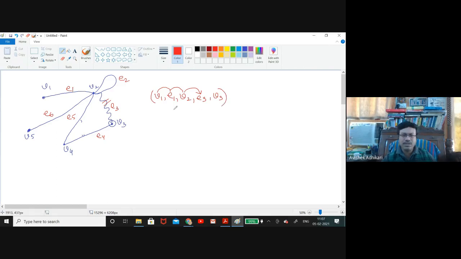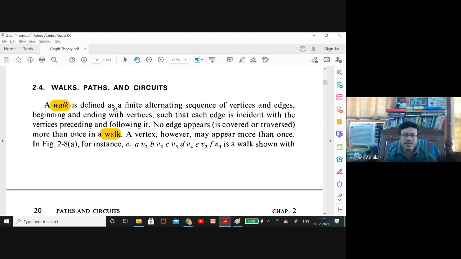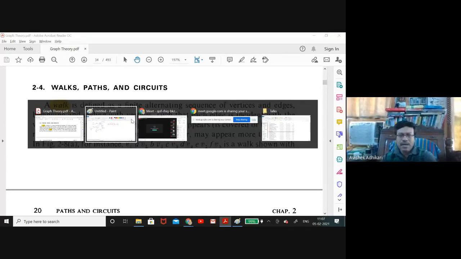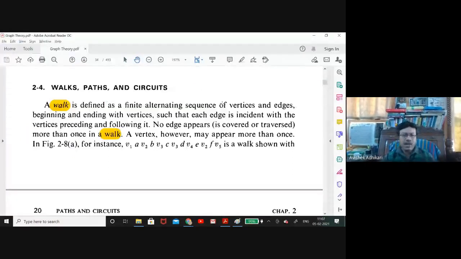Now you can see that this is an alternating sequence. It starts with V1, then edge, then vertex, then edge, then vertex. If you go back to the definition, it says that a walk is a finite alternating sequence of vertices and edges beginning and ending with vertices. So we start with a vertex and we end at a vertex, such that each edge is incident with the vertices preceding and following it.